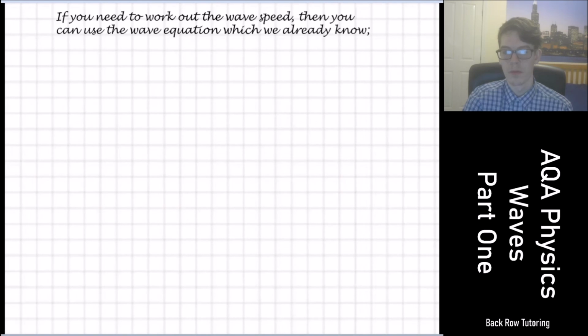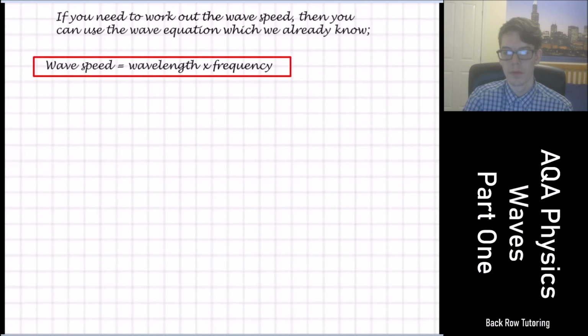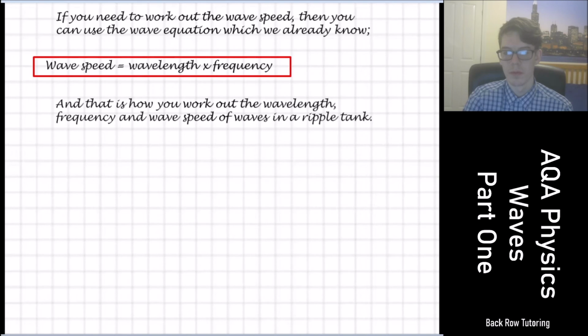If you need to work out the wave speed, then you can use the wave equation which we already know. And that is how you work out the wavelength, frequency and wave speed of waves in a ripple tank.